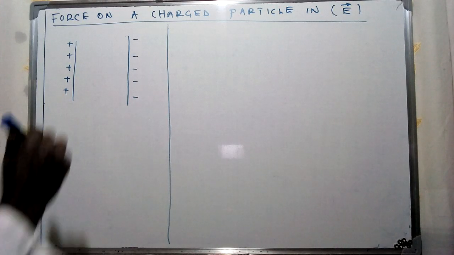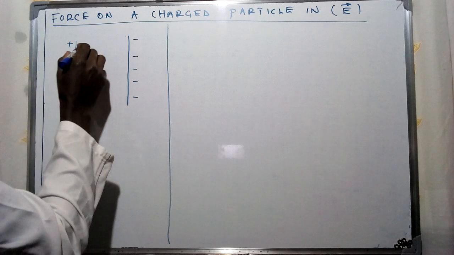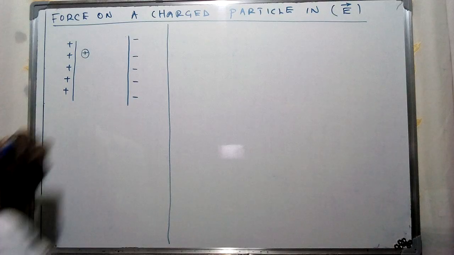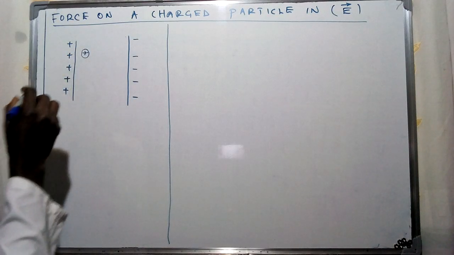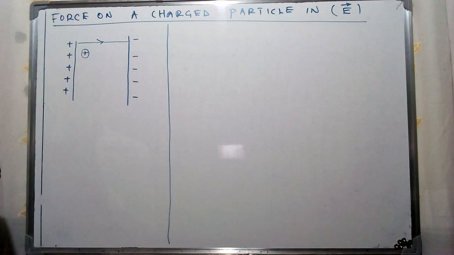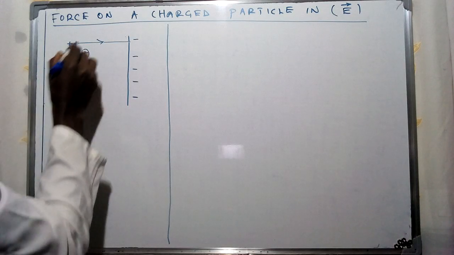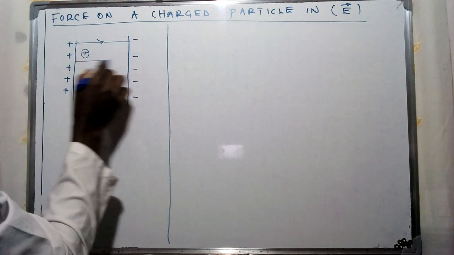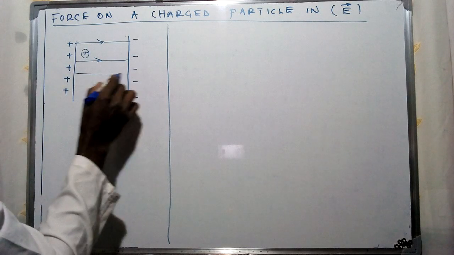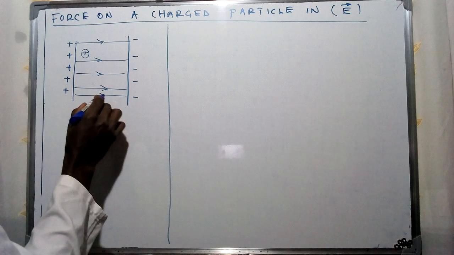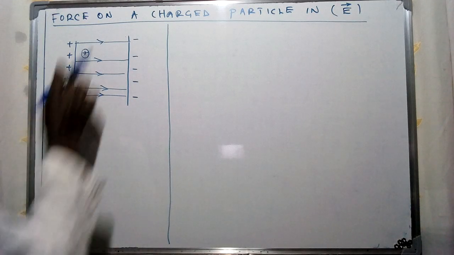Therefore, we're going to have this specific illustration whereby we have a proton at this specific point which is positively charged. And in this case, we expect these lines to move from the positive point of charge to the negative one. And therefore, we're going to see the effect of this proton being exposed to this specific field.